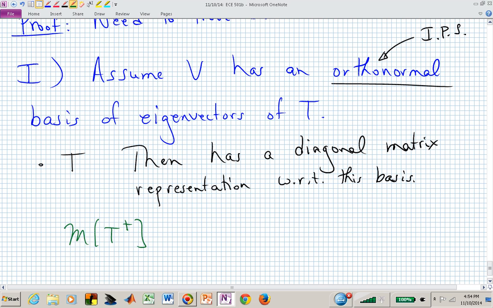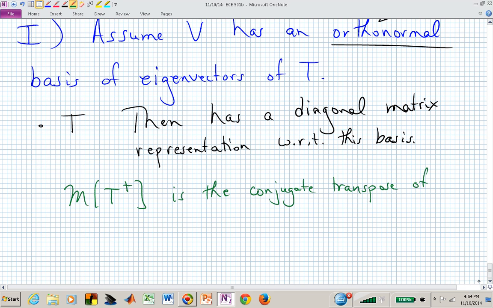So the matrix representation of the adjoint of T is the conjugate transpose of the matrix representation of the linear operator T. Then what does the adjoint of T look like?